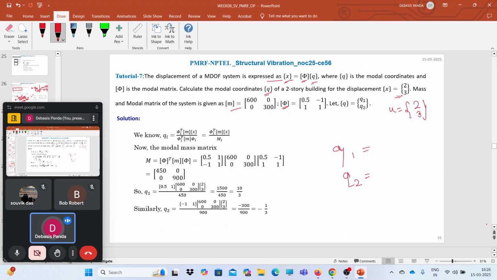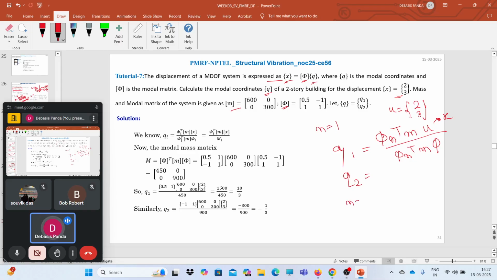Phi n transpose m u, or instead of u here you can use x, right? U or x, the same; they define the degree of freedom. And divided by phi n transpose m phi n. For q1, n will become 1.